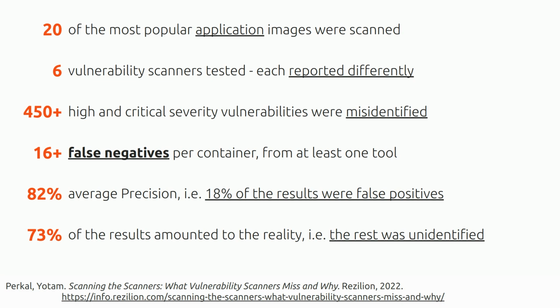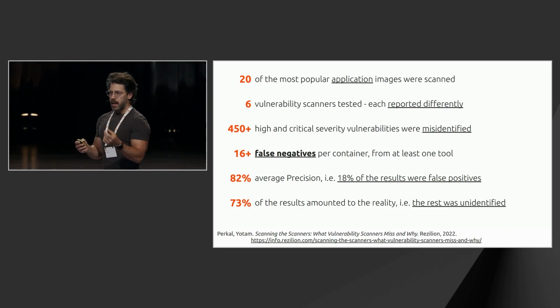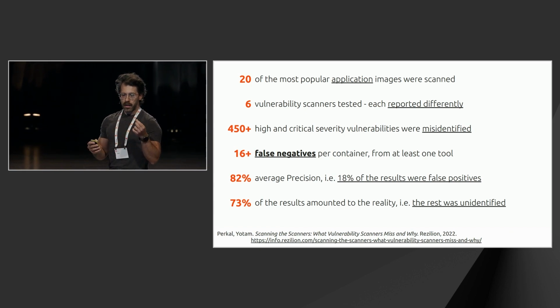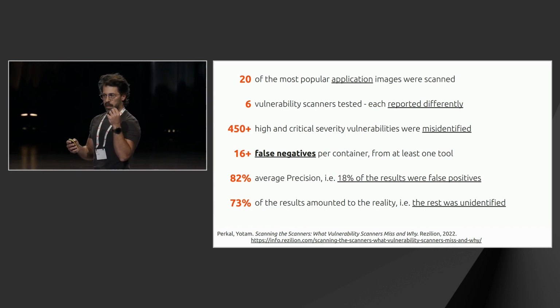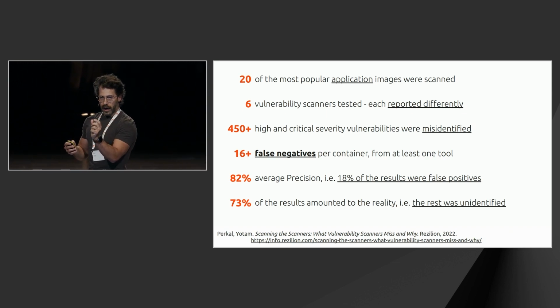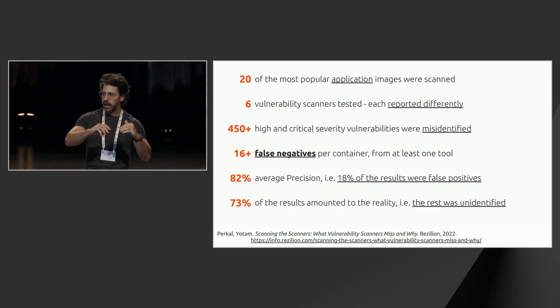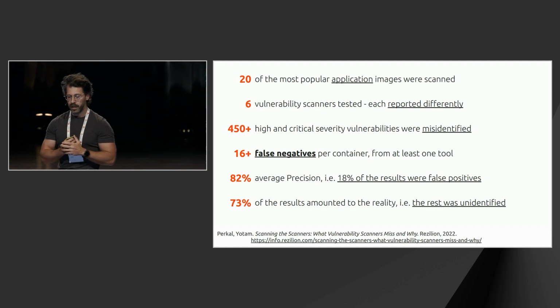Now, apart from misidentifications, false positives, and all that, one of the things that I cared about the most is that at least one of those tools, again, no names, was unable to identify more than 16 vulnerabilities in at least one container, but all of them had some, right? So all containers had unidentified vulnerabilities, up to 16 CVEs.